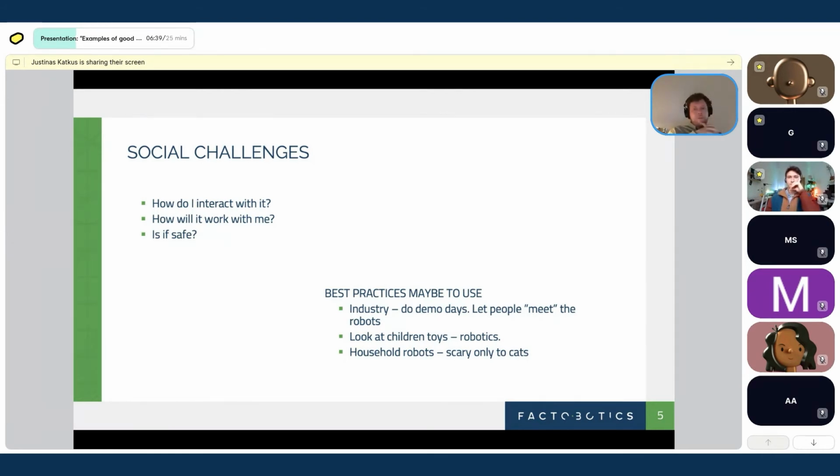And a few best practices that we use today in industry, in trying to answer these three questions in our company, where we make a standardized product for the metal industry: we do demo days. It's what we call them in different companies.